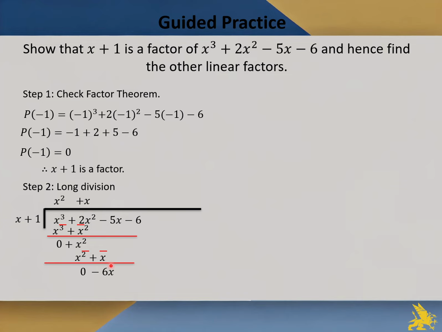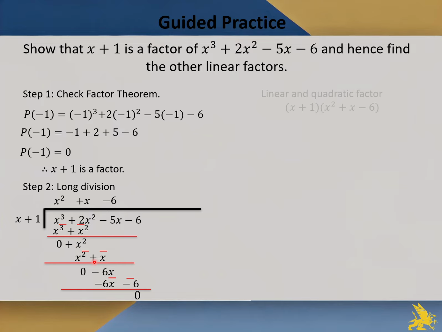So now I need to, again, go -6x divided by x equals -6. I'll work out what I've shared. -6 times x is -6x, and -6 times 1 is -6. I take this away. This term's already cancelled, and -6, take away -6 becomes 0.